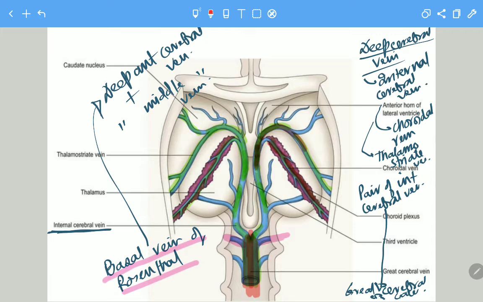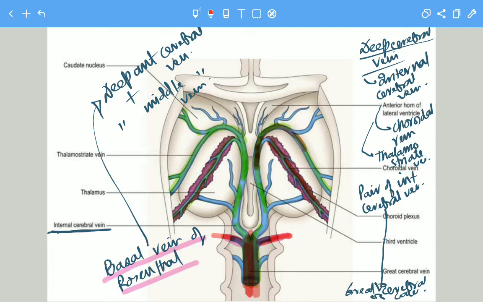These are the internal cerebral veins. Along with that, there is a pair of basal veins of Rosenthal, which is formed by union of the deep anterior and middle cerebral veins. And these two join together to form the great vein of Galen.